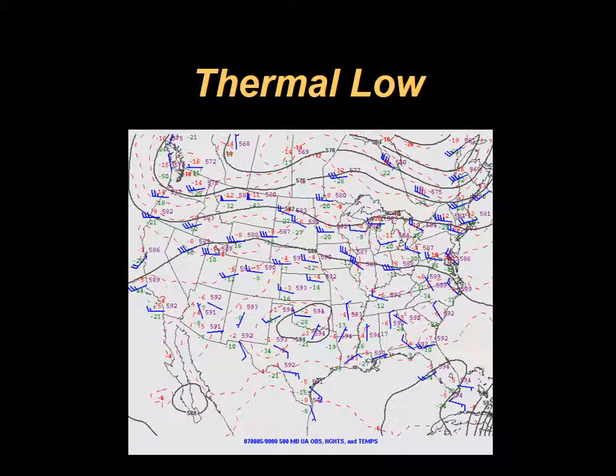Aloft, you don't really see a strong low pressure system. Actually, it looks like there's a little bit of a ridge across the desert Southwest. That's what you normally expect: higher heights in that region because of the hydrostatic equation, the thickness causing pressure surfaces to be farther apart in that warm air.